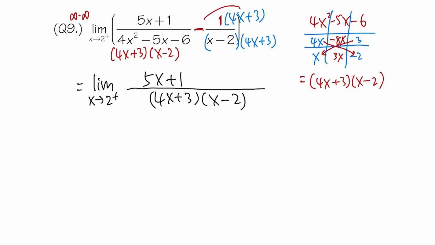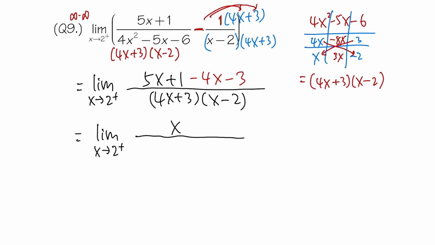So we distribute that. So we get minus 4x minus 3. Okay, this is the limit as x approaching 2 plus. On the top, if you combine, 5x minus 4x is x. And then 1 minus 3 is minus 2. And then the bottom is still the same.